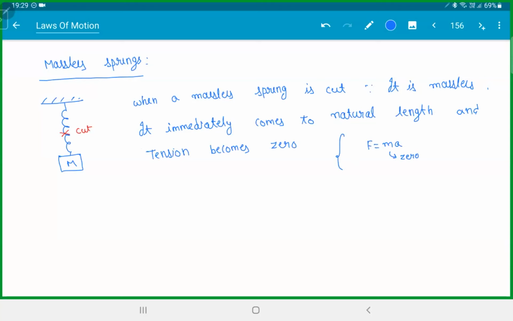The moment you cut it, if there is a force, the acceleration would be F by M. This will tend to infinity if there is a force. You get an infinite acceleration at that point when you cut it, and immediately it goes to the natural length. What happens if you have a spring with mass? This is how real life works, but again, we don't have problems with mass with springs.